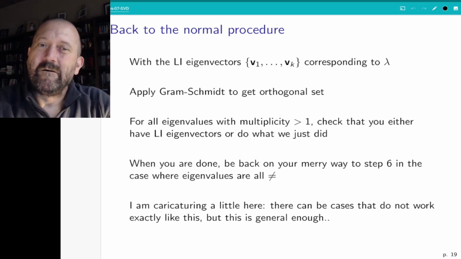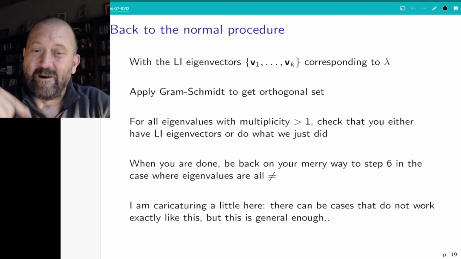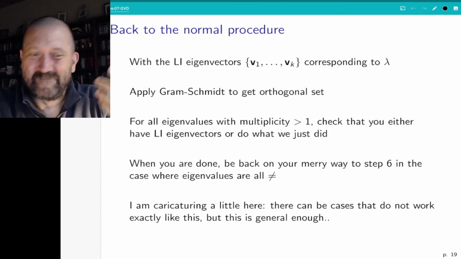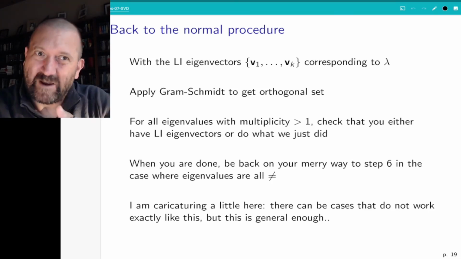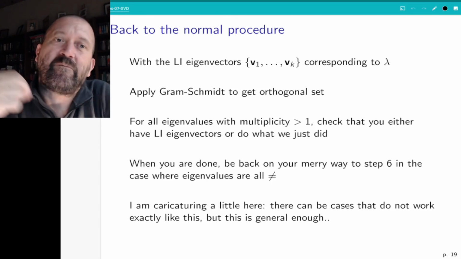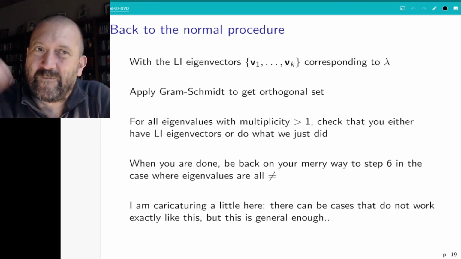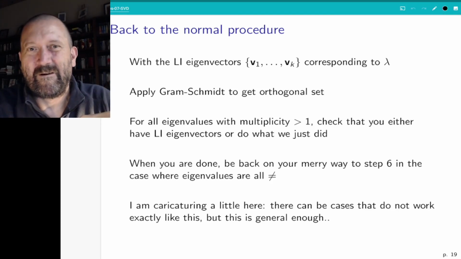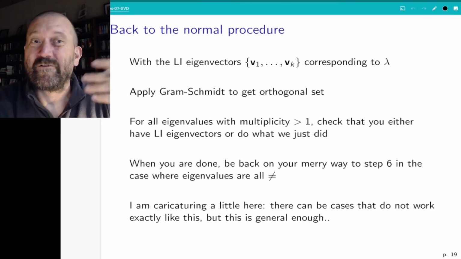And now, when you have that, you can go back to the procedure we had before. Which means that the next step will be to make sure that these eigenvectors, slash generalized eigenvectors, also are orthonormal.